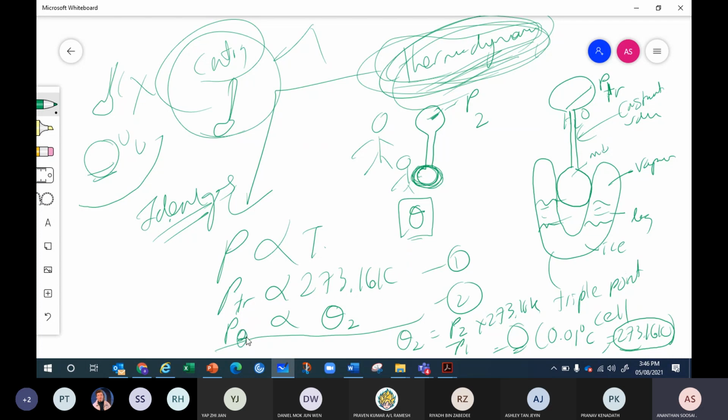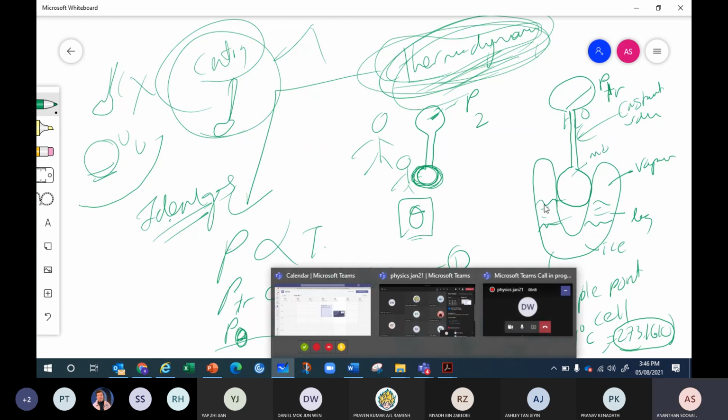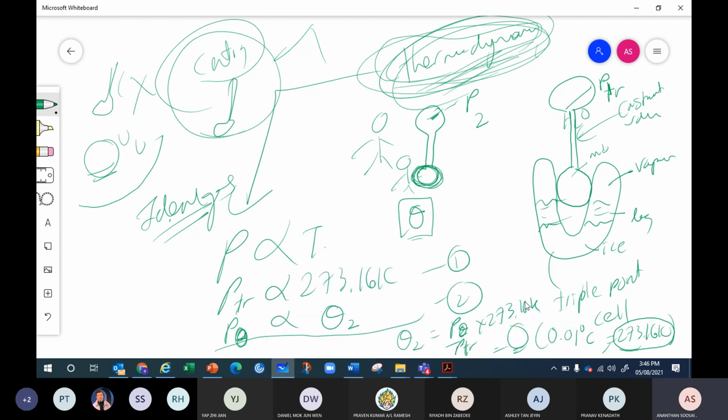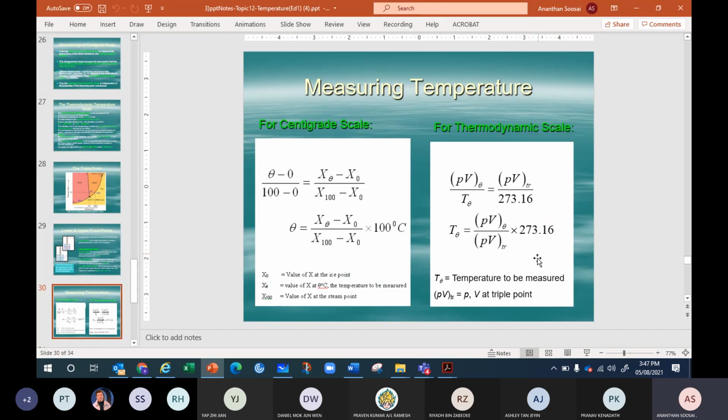P2 is like P theta. So I write this equation: P theta over PTR times 273.16 Kelvin gives you theta 2. So that's the formula here. The volume terms cancel.